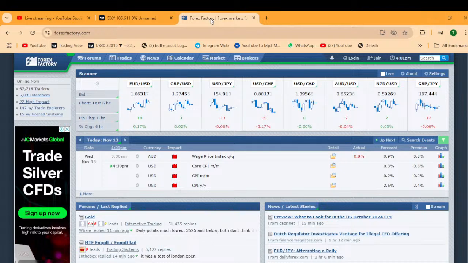Okay, so I think now we can see that fundamentally it's good. It is positive. We expect a positive CPI for the dollar fundamentally.